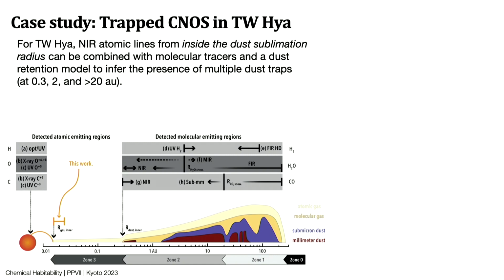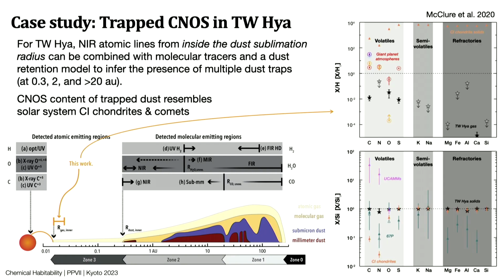If your dust keeps drifting even further, so you cross the snow line and you cross the dust sublimation radius, you can enrich the inner disk gas, although very close to the star, which you can see in atomic form in the infrared. And Melissa had some really nice work a few years ago showing how the depletion of refractories, but also volatiles in the inner disk, can be combined with a dust transport model to learn something about the composition of the dust and the planetesimals that are stuck further away in the disk, right?